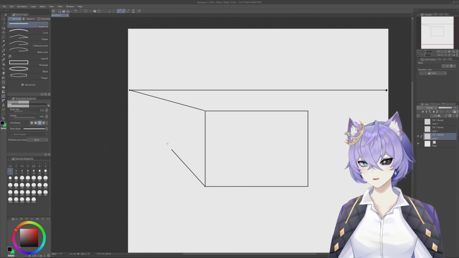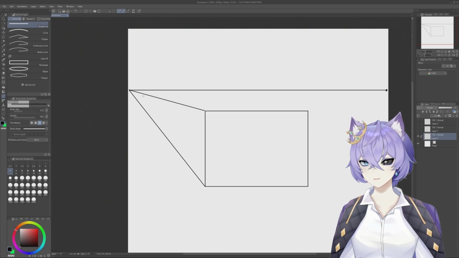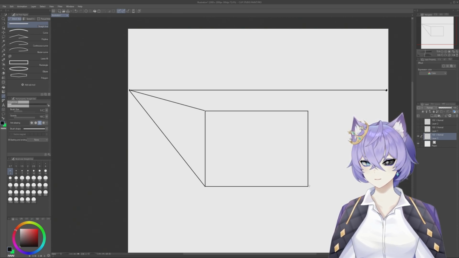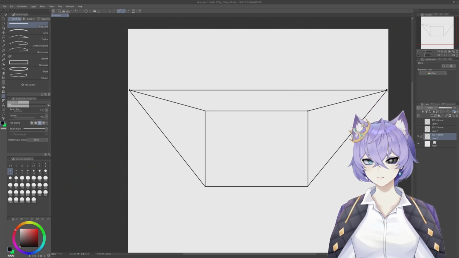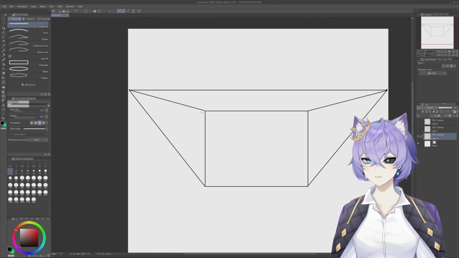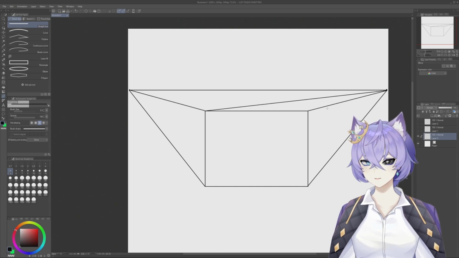This wouldn't make any sense, right? If we accept two vanishing points, the cube goes this way. And then would it go like this?